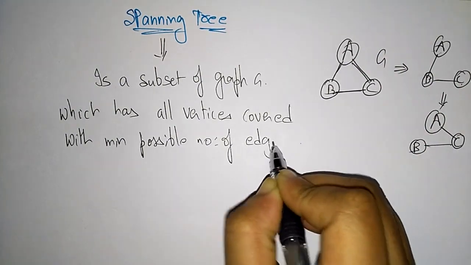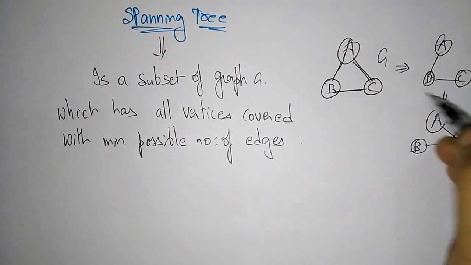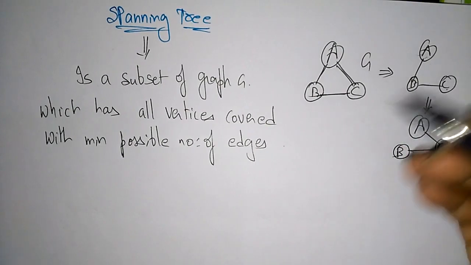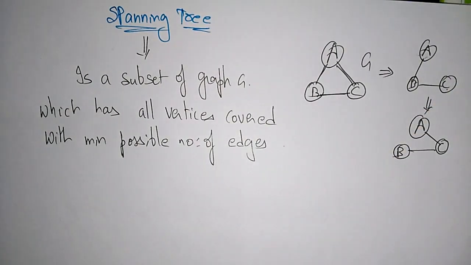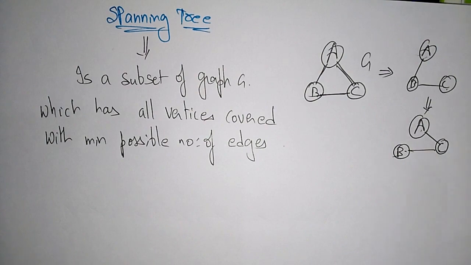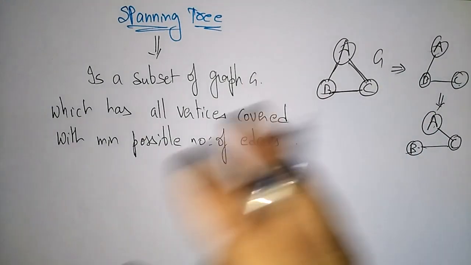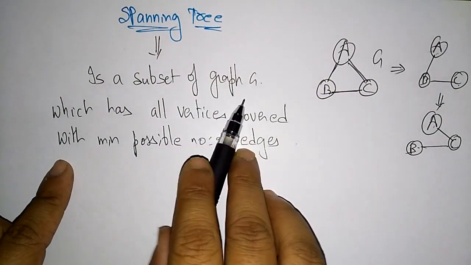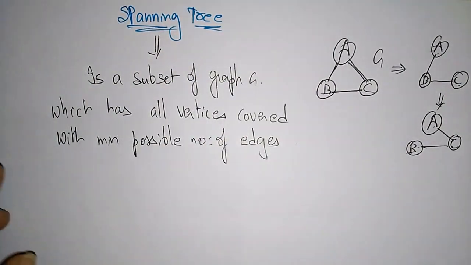So we have to connect all the vertices with the minimum possible edges. We have to check the minimum edges, but all vertices should be covered. So that is a spanning tree. A spanning tree is a subset of a graph G which has all vertices covered with minimum possible number of edges.